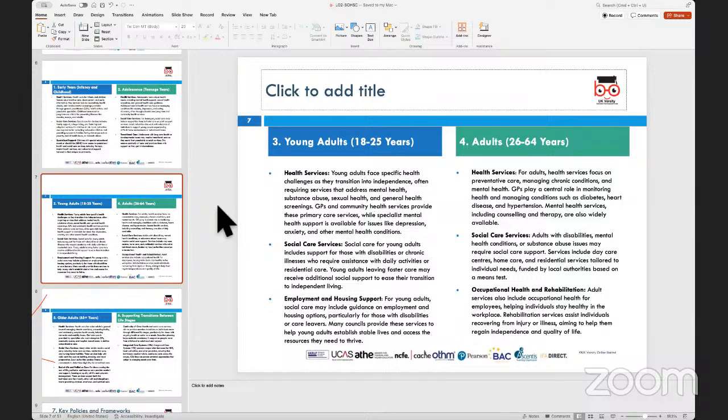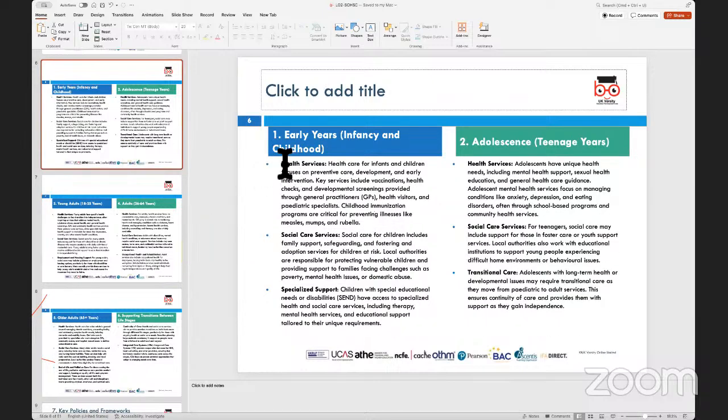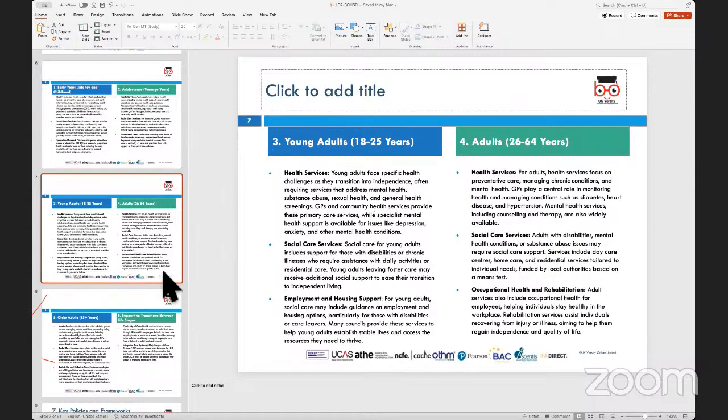So in every slide, you would see that we classify these services into three types: healthcare, social care, and, if you look at the early years, specialized support. If there were disabilities detected in adolescence, it was transitional care, if it was required when moving from pediatrics to the adult services, when the red book was done away with, and you had regular checkups with your local GP surgery once a year.